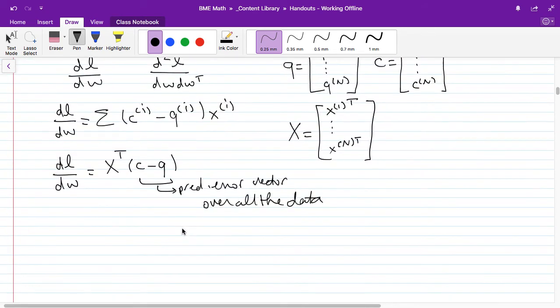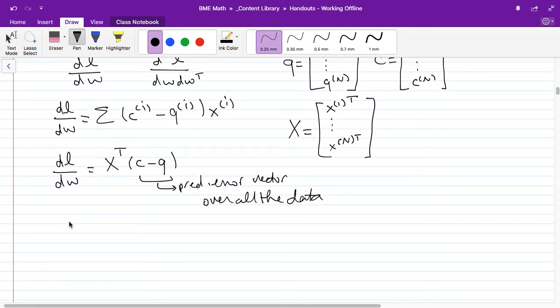That's useful because that tells us the first derivative. We need the second derivative now to form our Newton-Raphson technique. So we need to know the second derivative of our likelihood with respect to the weight that we're after. Here's our first derivative, so we have to take the derivative of this with respect to w. There's going to be a sum, and I'm again going to use the chain rule. I'm going to first take the derivative of this with respect to q, then the derivative of q with respect to w transpose x, then the derivative of w transpose x with respect to w.